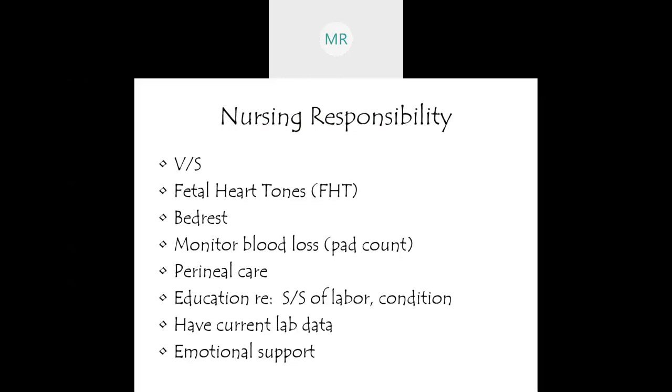And a big highlight is because we don't know if we're going to have to deliver mom or not. Anytime we think that delivery is going to be anticipated and mom is less than 34 weeks, we're going to give mom for baby betamethasone, which is the Celestone, which is a steroid.